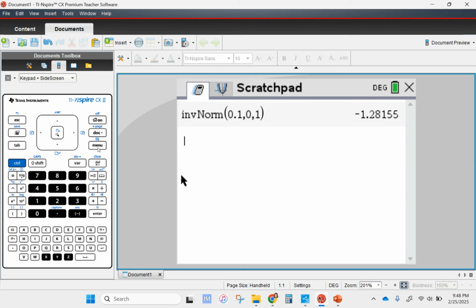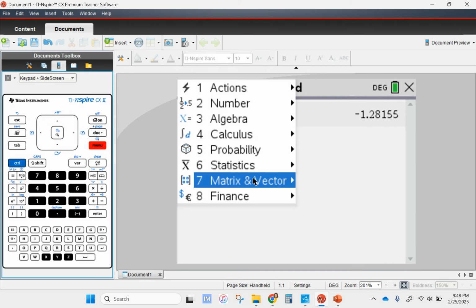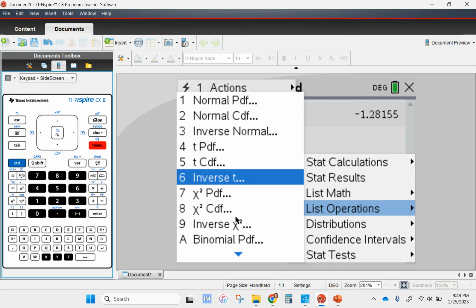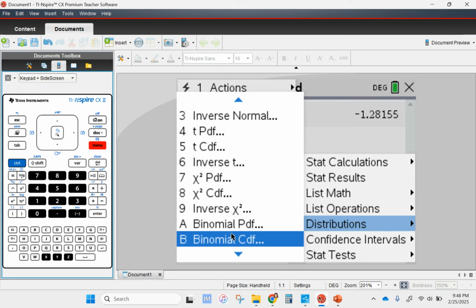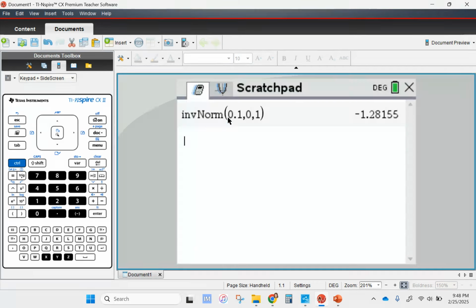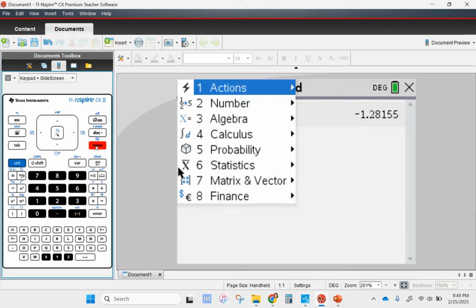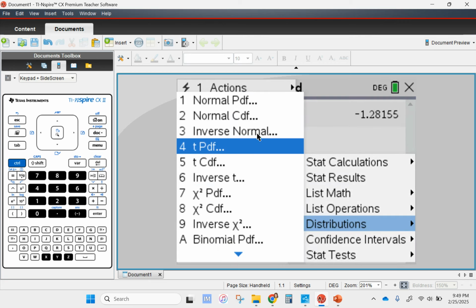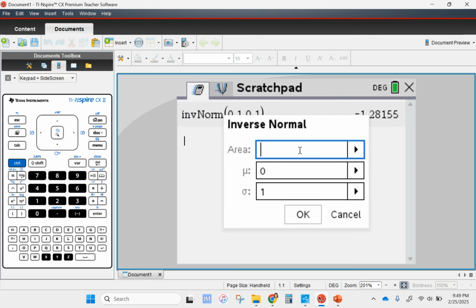And then to do the second z-critical value, I would press menu, statistics, distributions, and then I would find inverse normal. Sorry, went right past it. There we go. Try that one more time. Menu, statistics, distributions, inverse normal. There we go. And this time I would do 0.9.